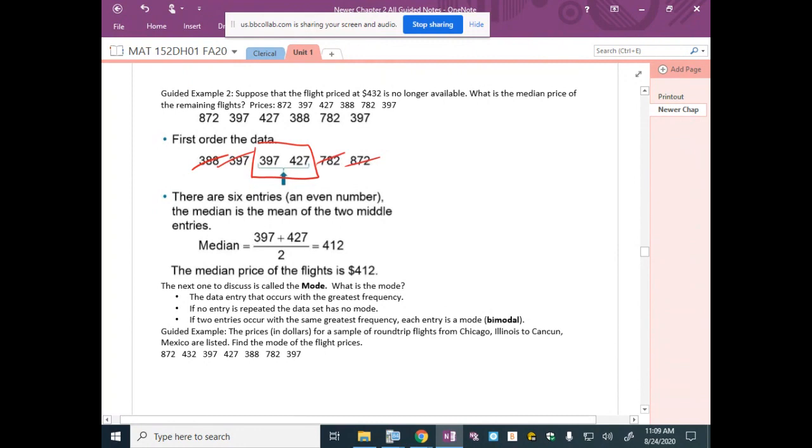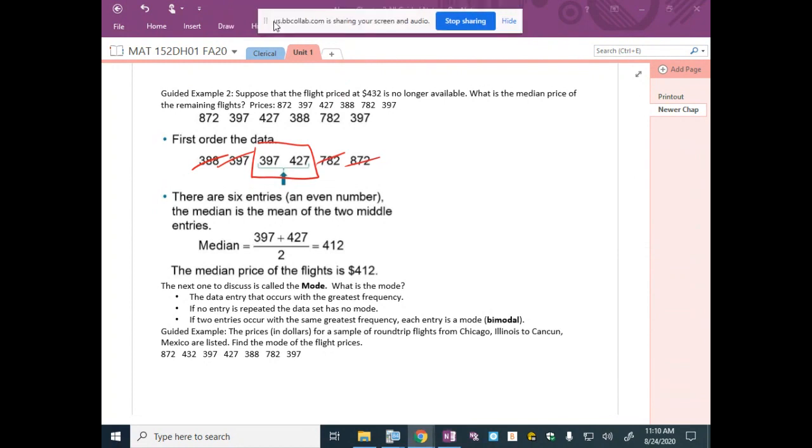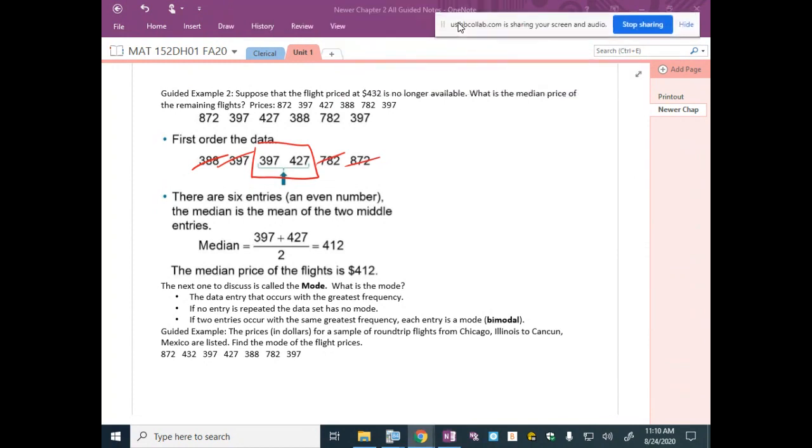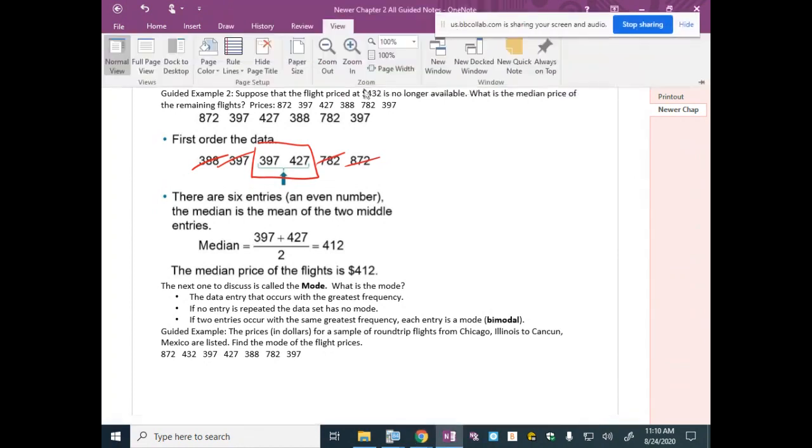Now, the mode is the one that occurs the most. Mode, most. Now, if no entry is repeated, the data would have no mode. Now, there could be multiple modes. In that case, we would have maybe a bimodal or a multimodal situation.